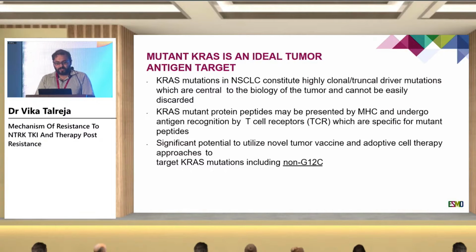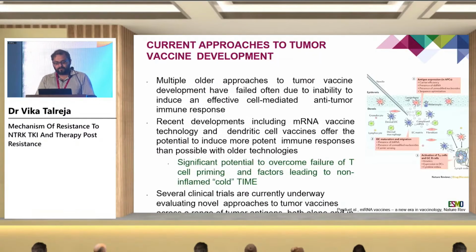And that's why a lot of adoptive tumor vaccines and T-cell therapies are going on. These address, as we say, the failure of T-cell priming and the factors leading to the non-inflamed cold tumor. That's the background of it.